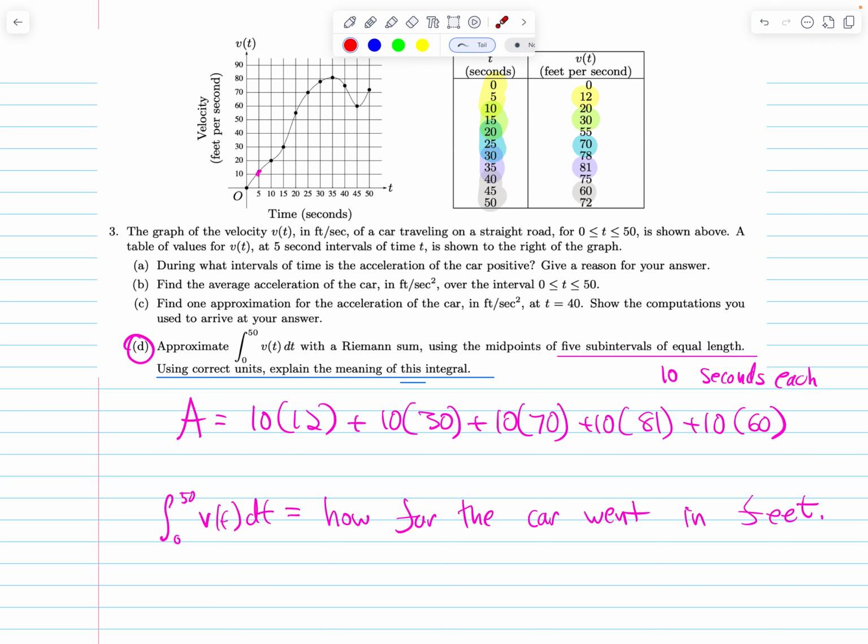But to answer the second part, using correct units, explain the meaning of this integral, you just have to say it's how far the car went. And since they ask for correct units, you have to do so using the word feet in there somewhere. That's all. Anything else you say is a waste of time on your part during the test and on the part of the grader, who is very quickly trying to go through and look for whether or not he sees the words how far car went feet. And that's it in deciding whether or not to give you a point.